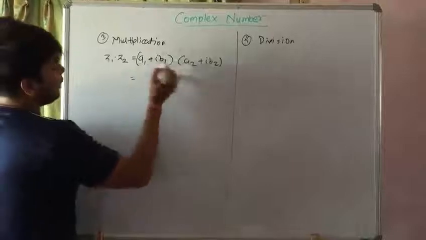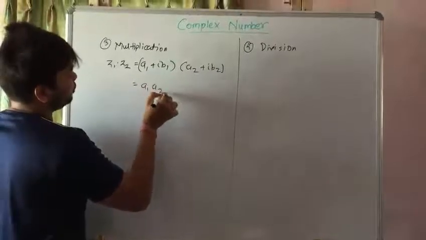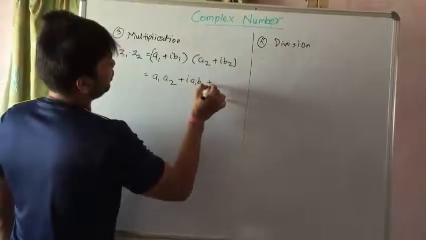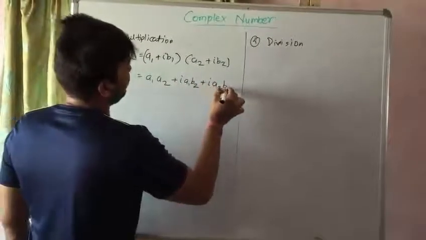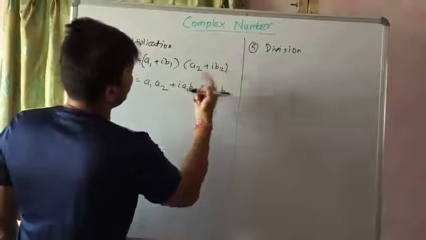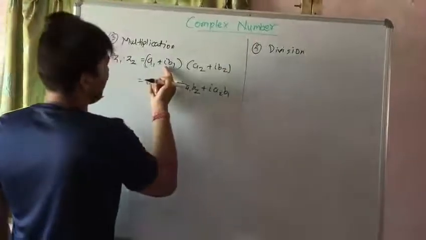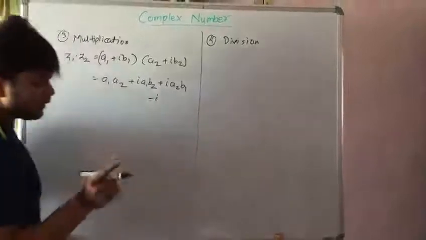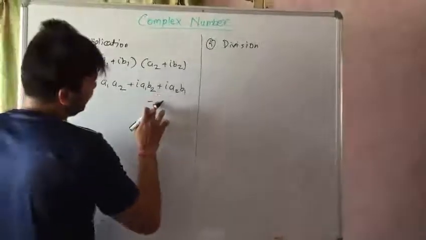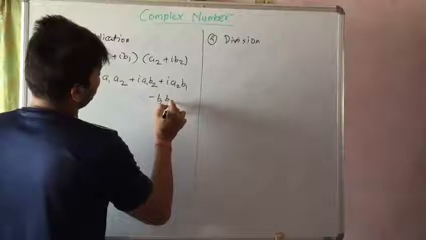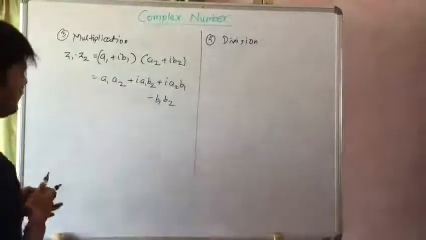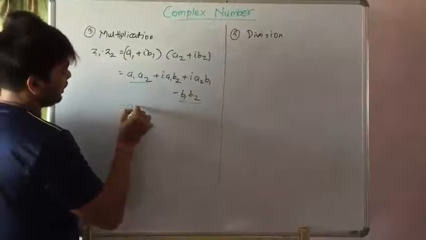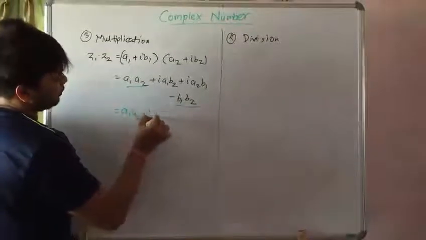Then multiply a1 into a2, then i a1 b2 plus i a2 b1. Then ib1 into ib2 is nothing but minus 1 times b1 b2. Then just take the real part of the complex number, that is a1 a2 minus b1 b2.